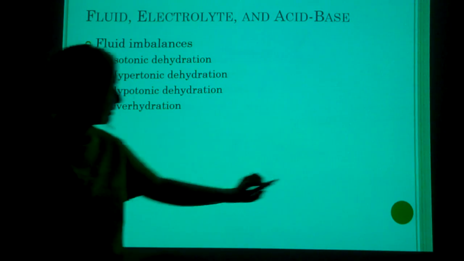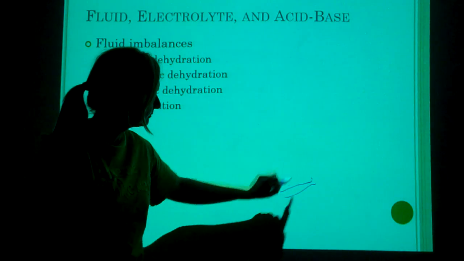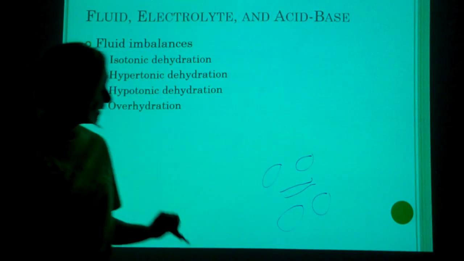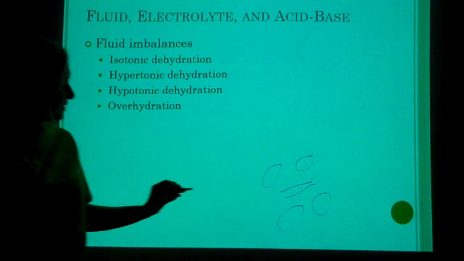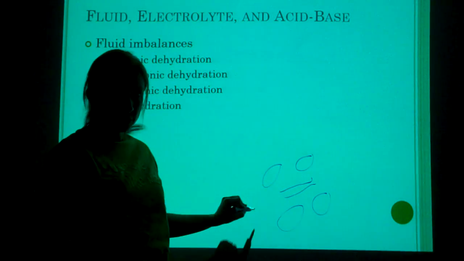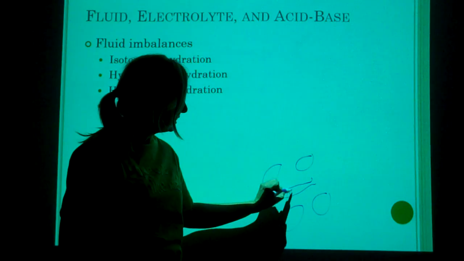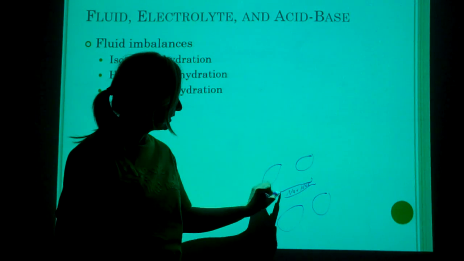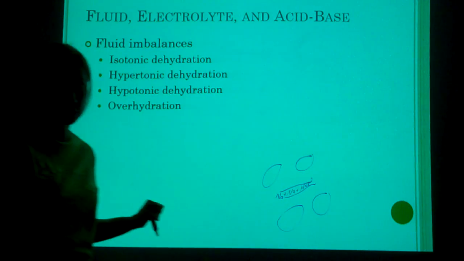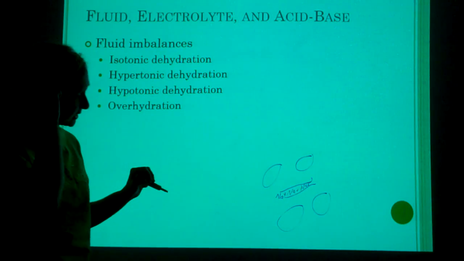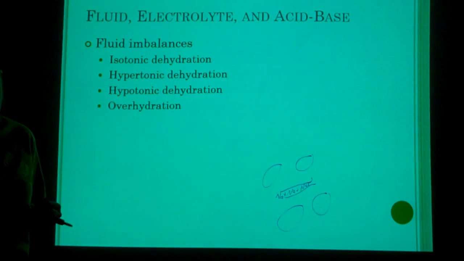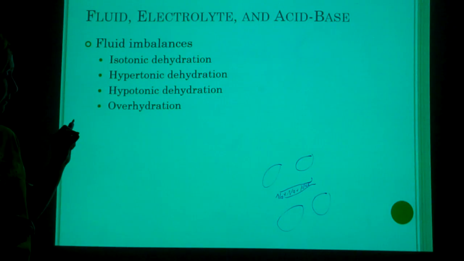So you have your blood vessel, okay, and you have your cells. Water loss is greater than sodium. So if you lose a lot of water here, that's going to leave more sodium in the bloodstream than water because you're losing the water in the hypertonic dehydration, right? So when this happens, it causes a shift from intracellular to extracellular.